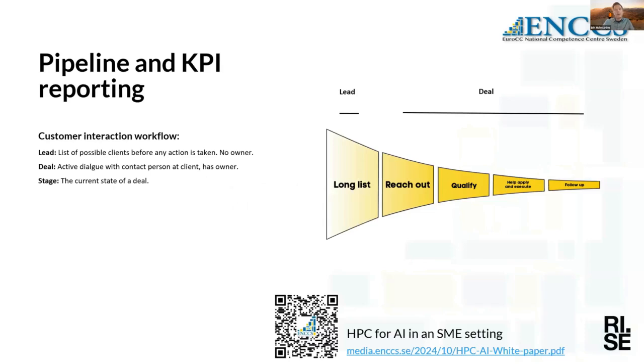What we have done first of all is write a white paper on how we work, and you should be able to get that by scanning this QR code or following the link. The things I'm going to talk about here in the beginning are well described in that white paper.